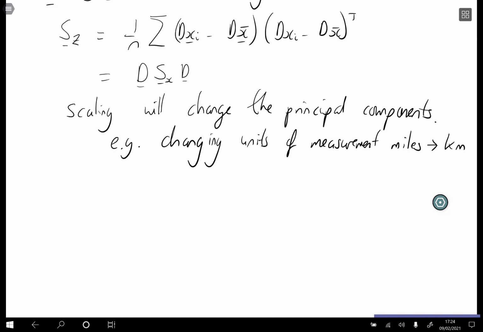So one thing we often do is first to scale all the variables, to put them on a common scale.